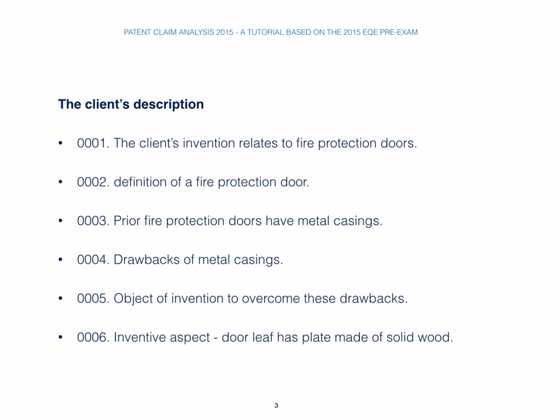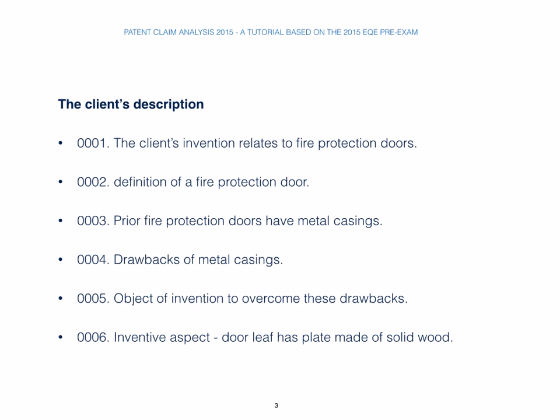Paragraph 2 contains a detailed definition of a fire protection door that you need to be familiar with. Paragraph 3 states that prior fire protection doors have metal casings with thermally insulating material, and paragraph 4 sets out the drawbacks of the prior metal casings.